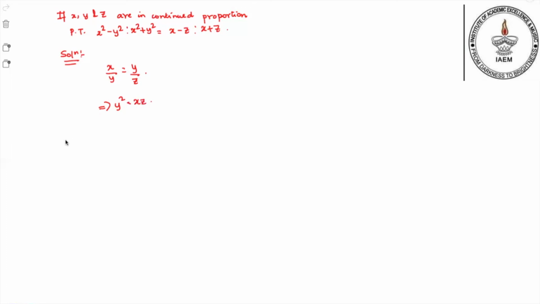If that be the case, and we need to find x square minus y square is to x square plus y square, we can simply write (x square minus xz) by (x square plus xz).